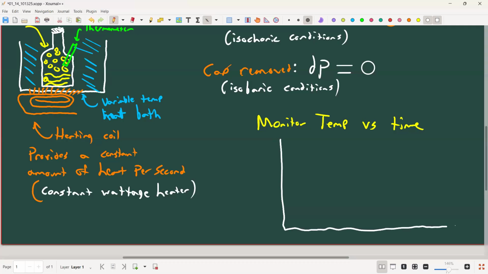So we can make a plot of time versus temperature in some degrees, Kelvin or something like that, doesn't matter. Right. And let's say we start at 298.15, we start at room temperature at T equals 0.